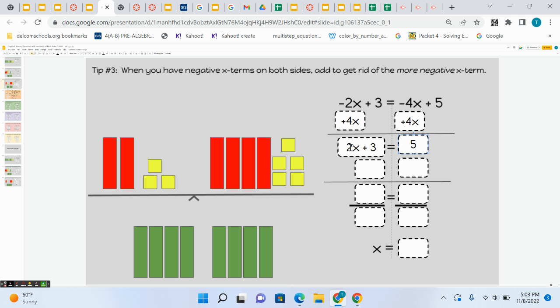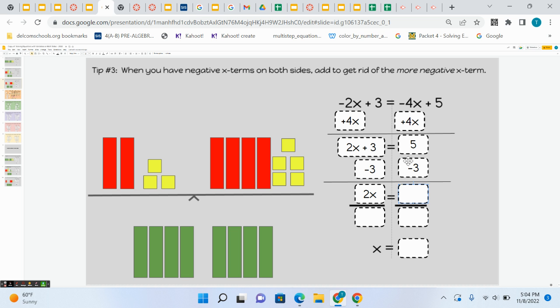Now we want to get those two x's alone. We got to get rid of the 3. To get rid of an added 3, the inverse of add is subtract. So you subtract 3 from both sides. When you do that, the 3 minus 3 goes away. So you're just left with 2x on the left, 5 minus 3 on the right.